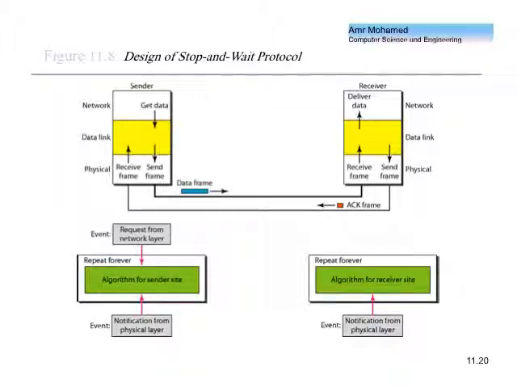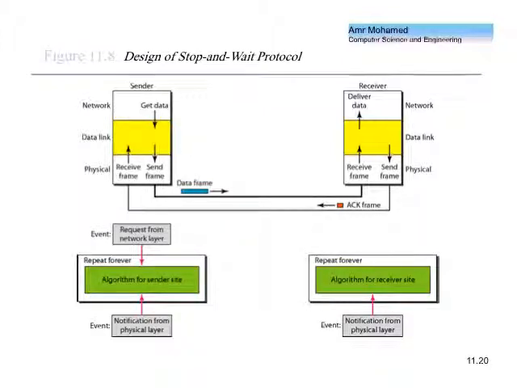So in that case, to be able to understand and visualize how this algorithm works, ask yourself, what are the types of events I'm waiting for at the sender side and at the receiver side? Well, at the sender side, I'm waiting to get data from above, or I'm waiting for the event that I have some data to send, right? And also, I'm waiting for another event, which is the acknowledgement.